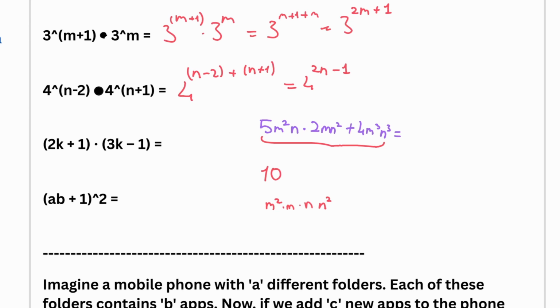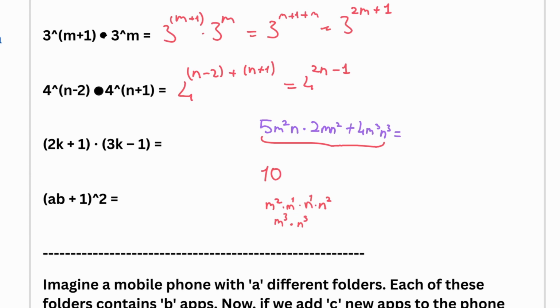So if we have the same base, we're multiplying, the exponent of this one is 1. So m squared times m would give us m cubed. We're adding the exponents here. We have 1 as well. And this would give us n cubed, right? We're adding the exponents. And we can't further multiply m and n, right?